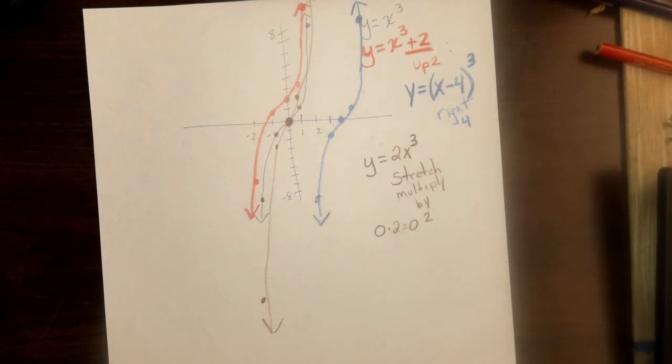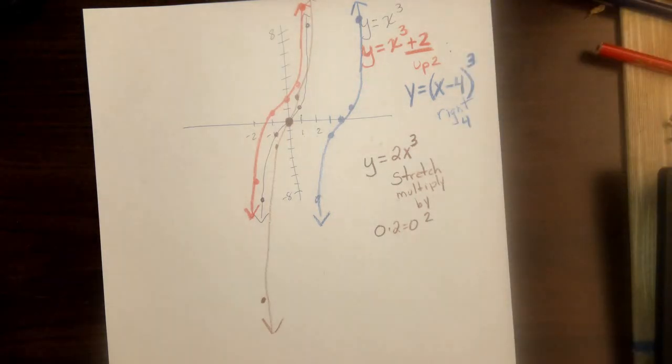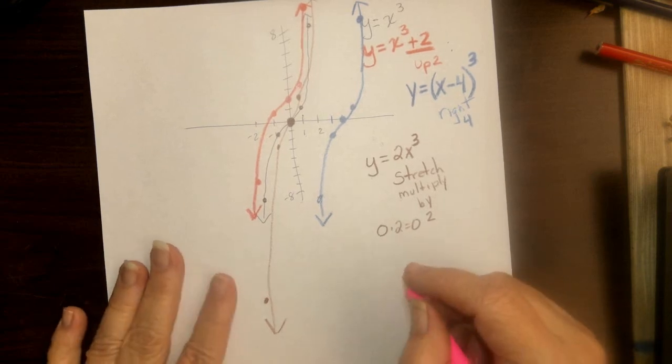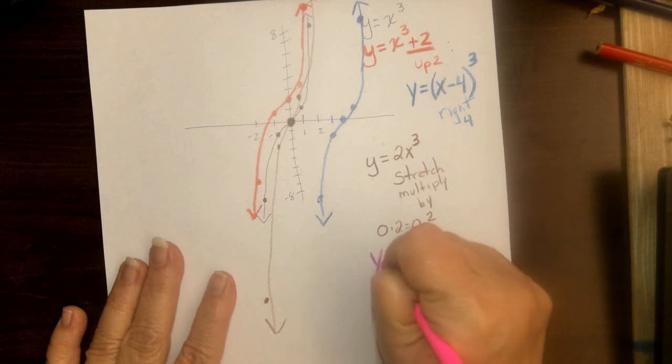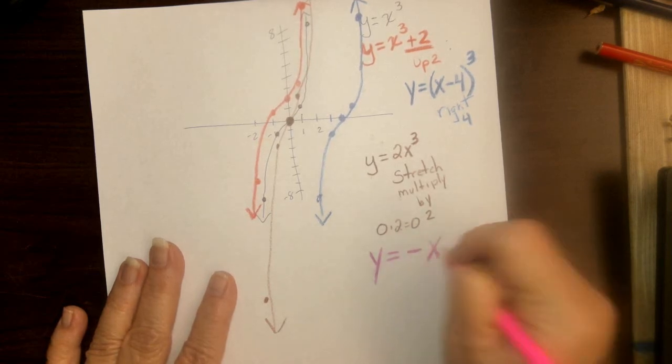All right, we're going to do one more on here. Trade with somebody else, get a new color. y equals negative x cubed.